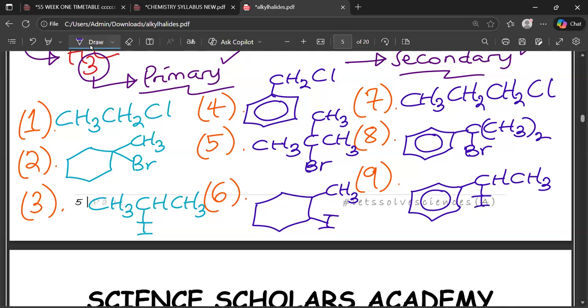Okay, we are going to move in this order. 1, 2, 3. Remember, we are using letters P for primary, S for secondary, T for tertiary. So for 1, 2, 3, we are using a 3-letter code as the answer.